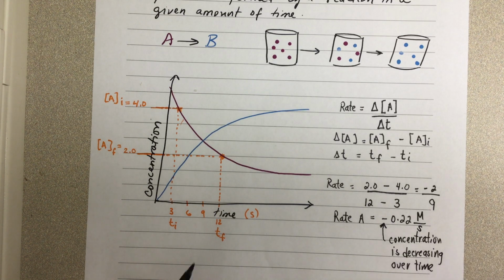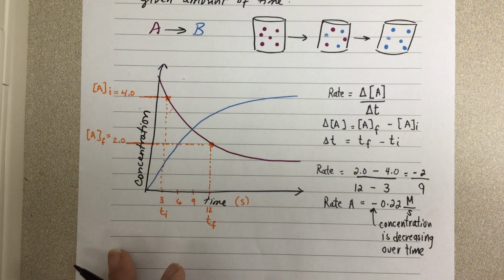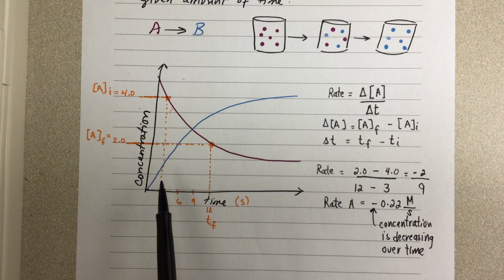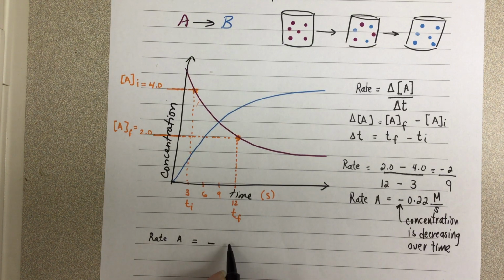The negative sign is not that you have a negative rate, it's just telling you that the concentration is decreasing over time. And that's going to happen only with the reactant, because your concentration for the product is increasing over time. So that one, you will get a rate that is a positive number. So usually when we have a rate for any reactant, we use a negative sign in front of it, just in case you see something like that.